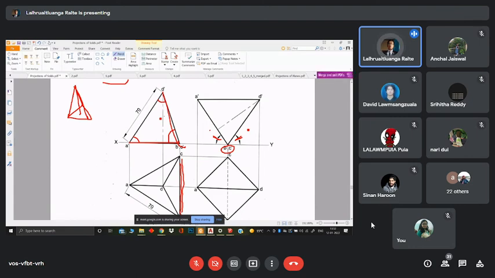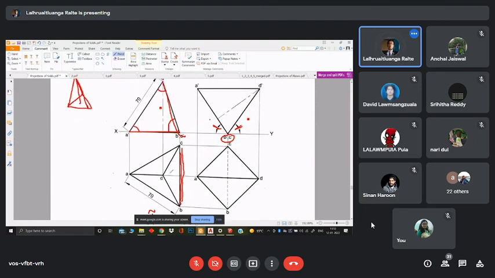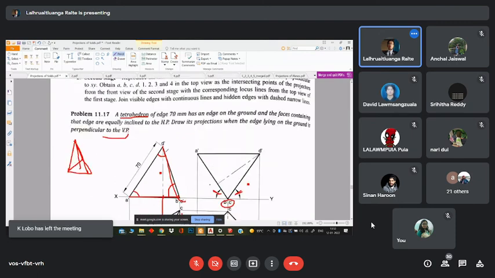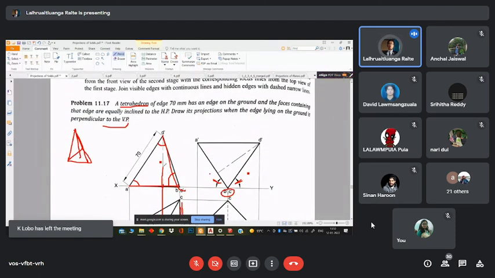Here, as we do not have an altitude, because it is a tetrahedron, we said the sides are all the same. As the sides are all the same, how do we construct this? From this particular point, we take a line, and then we simply let it go over here.